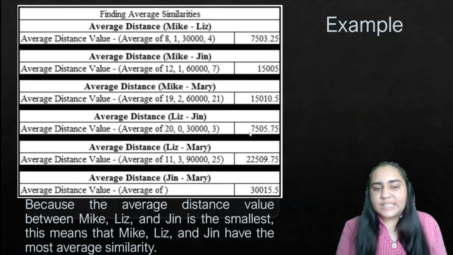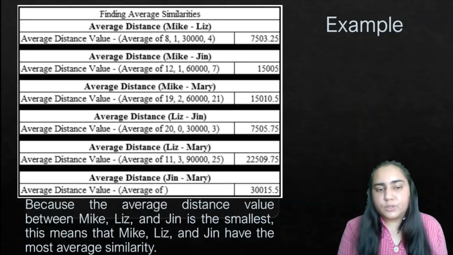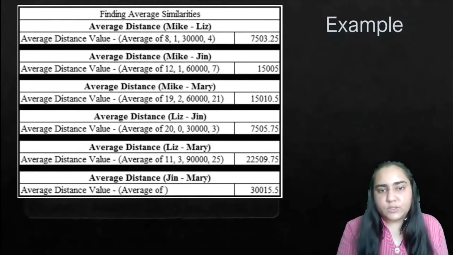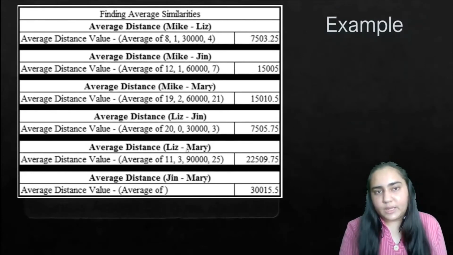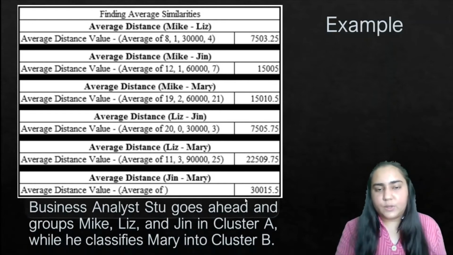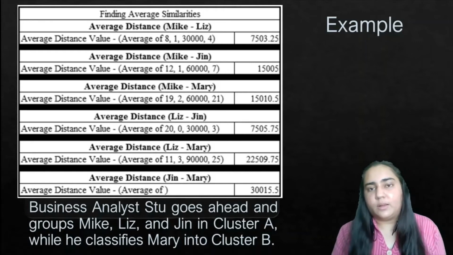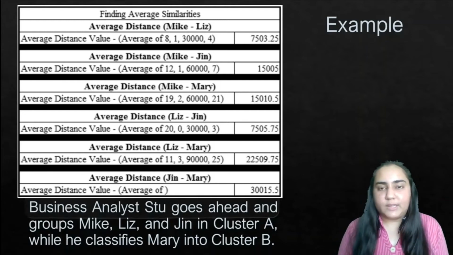So that's why these 3 are grouped together, because they have the most average similarity. And Mary, who is not very close to anybody else, is going to be grouped separately. So business analyst Stu is going to create 2 groups or clusters. Cluster A would contain Mike, Liz, and Jin, and cluster B would contain Mary. So this is how the whole average nearest neighbor analysis works.